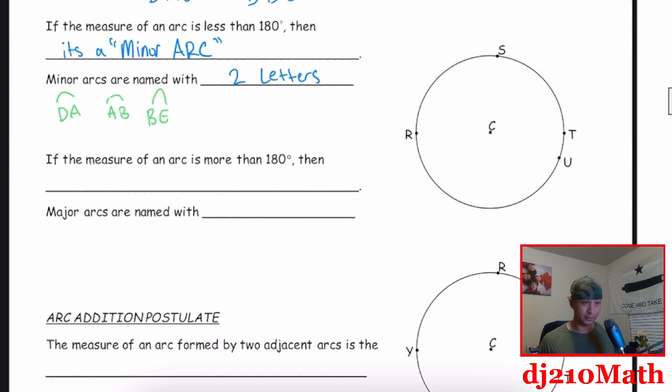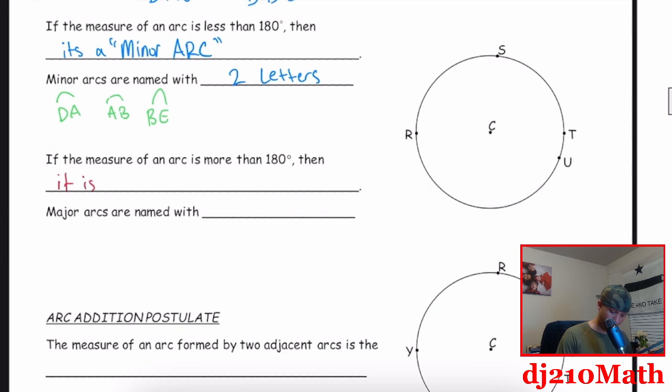I guess I could have used this picture right here also as well. It really doesn't matter. Just as long as you understand that 180 degrees is a semicircle and minor arc less than 180, two letters. Here, if the measure of an arc is more than 180, well, then this would be a major arc.